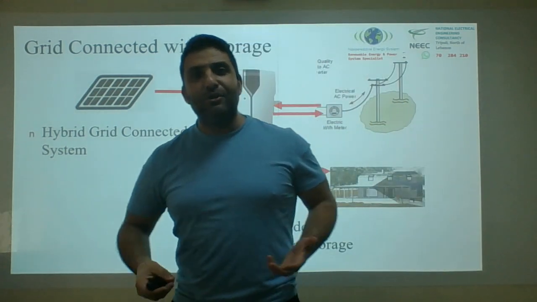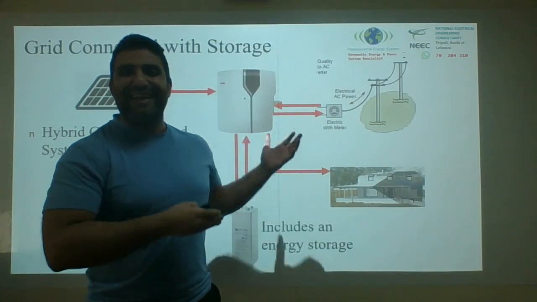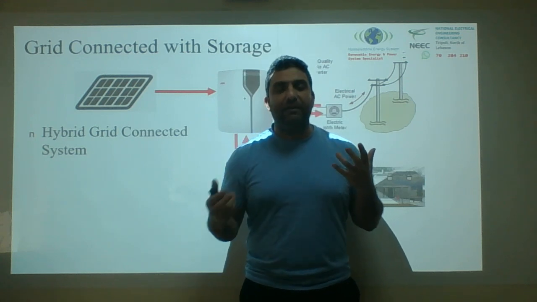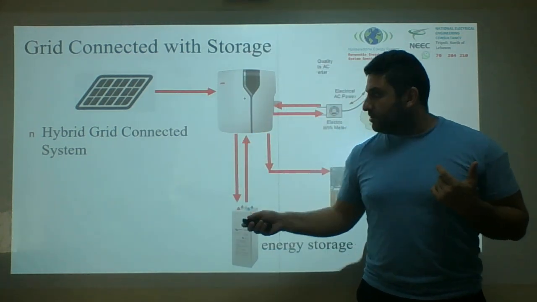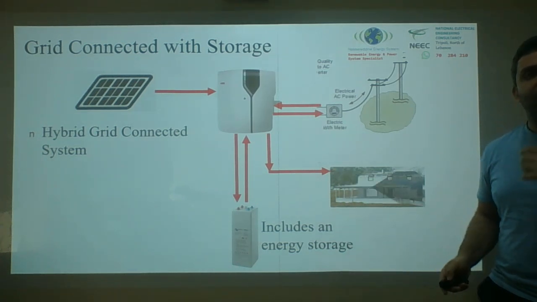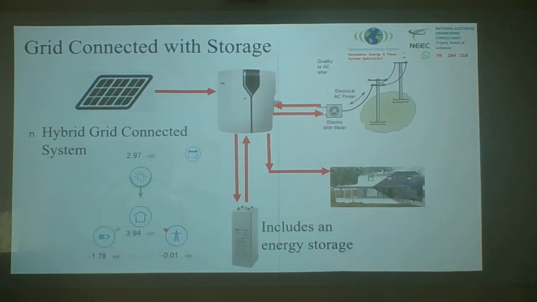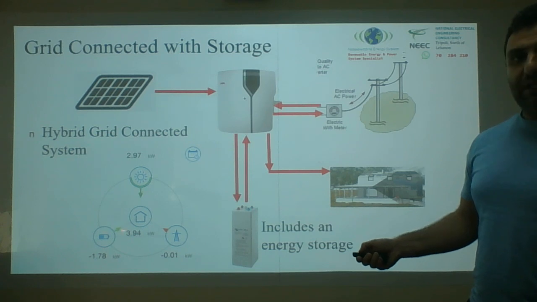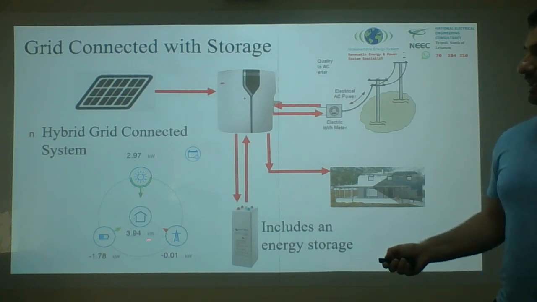During peak hours in some countries, the electricity cost is way higher than, for example, overnight. So I use the energy of the battery during peak hours to save on cost. So I have the house supported by the sun, and I have the house supported by the battery and the grid.